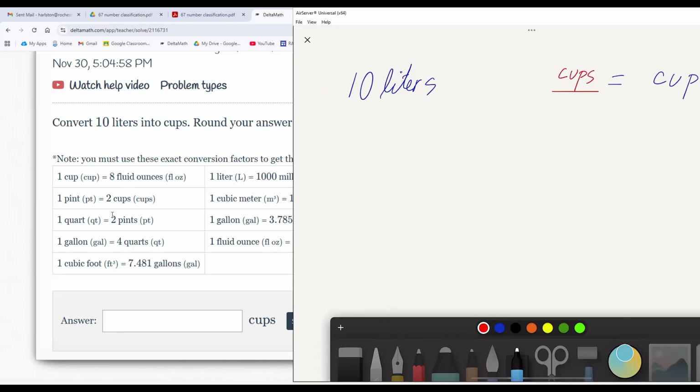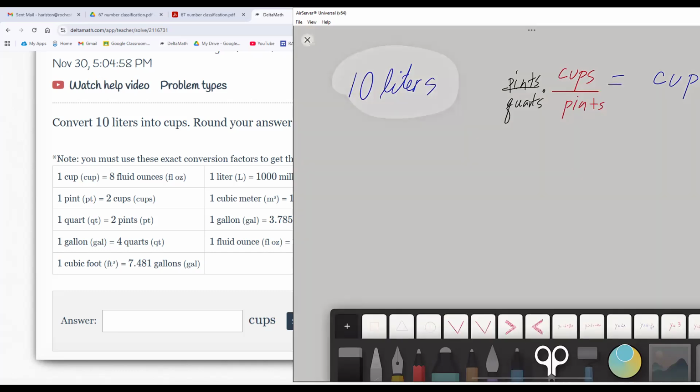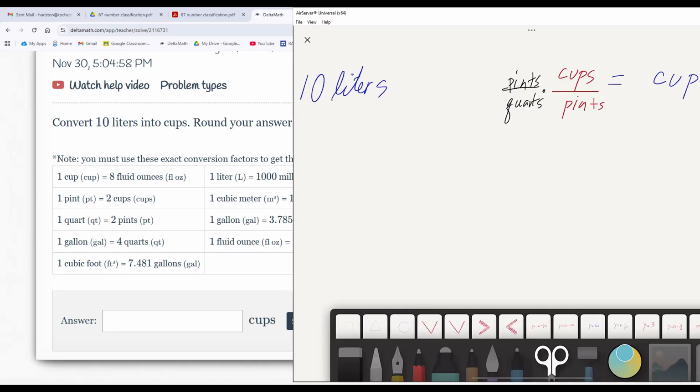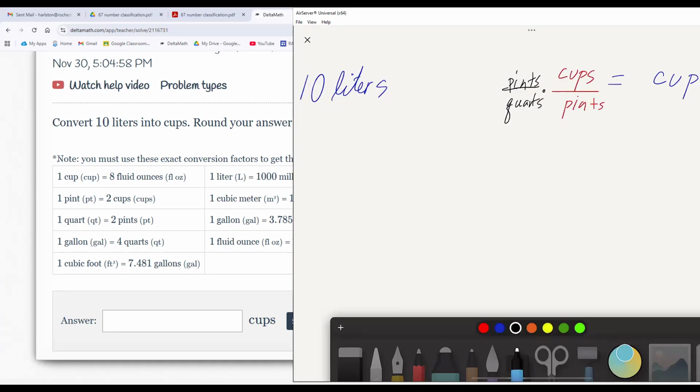So I'm going to go pints. And then I'm going to do another conversion, from pints to quarts. I'm going to put the pints on the top and the quarts on the bottom. Let me move this over too, because I think I'm going to need a little bit more space here. All right, so that's it. Then I'm going to use blue, and I've got to go from quarts to gallons, so I'm going to put quarts on the top.